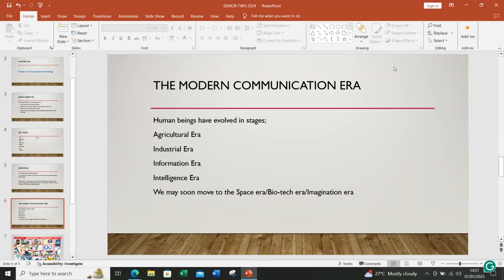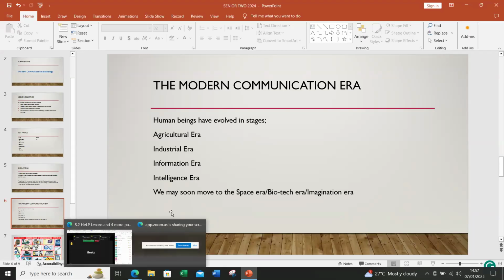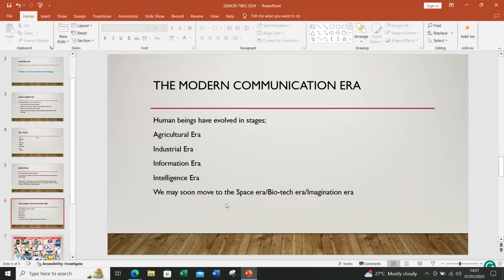The biotech era refers to a period marked by significant advances in biotechnology, a field that uses living organisms or biological systems to develop products and technologies that address various challenges, especially in medicine and agriculture industries.